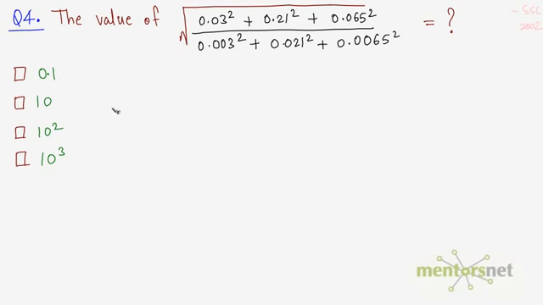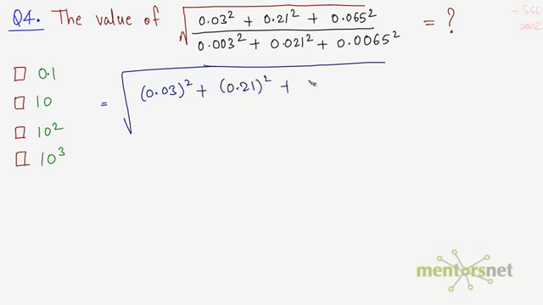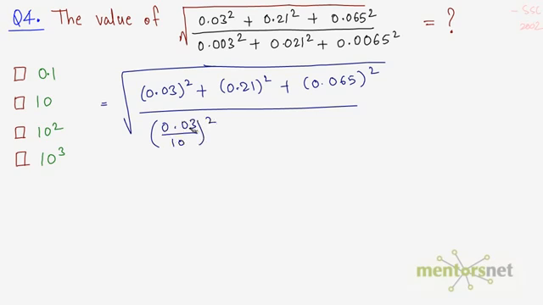So therefore this is equal to, you have this big square root, you can write 0.03 square plus 0.21 square plus 0.065 square upon, so you want to make 0.003 square as 0.03 square, so you can write 0.03 upon 10 square. So 0.03 divided by 10 gives you 0.003.